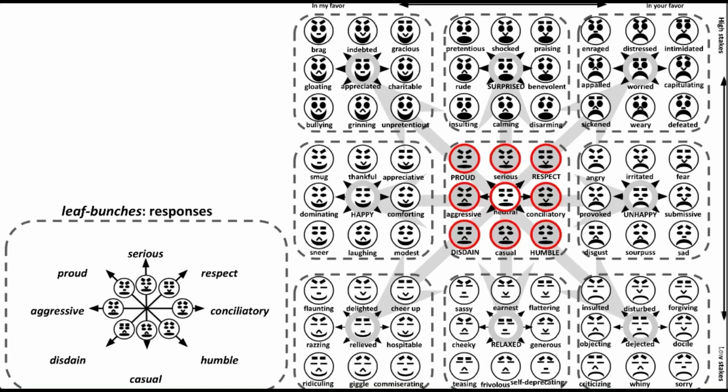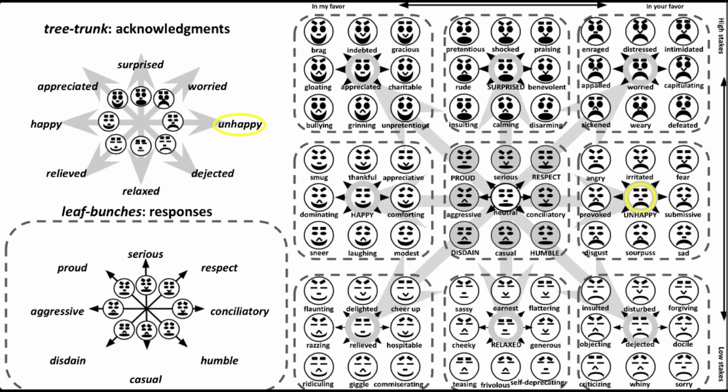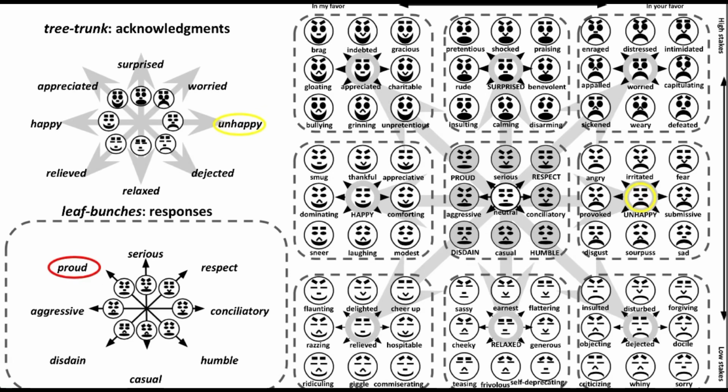Now let's try it in a non-central region. Suppose, for example, that you're expressing unhappiness. In this case, it means that we'll be in the region on the right side, shown with the yellow circle. But now imagine that you're also showing pride. You're prideful.